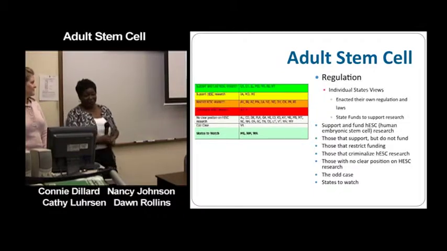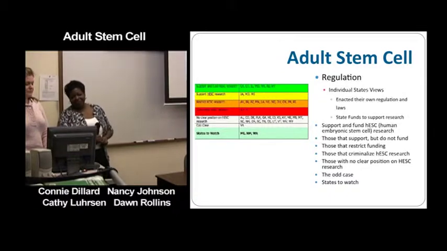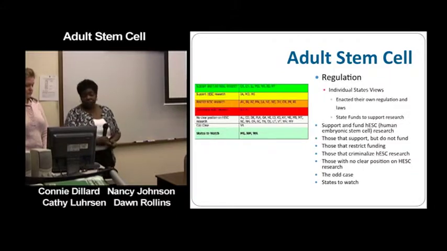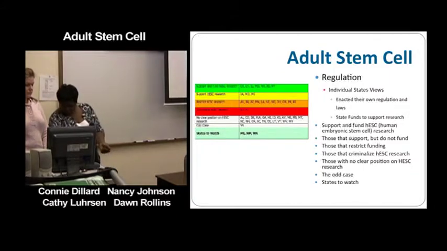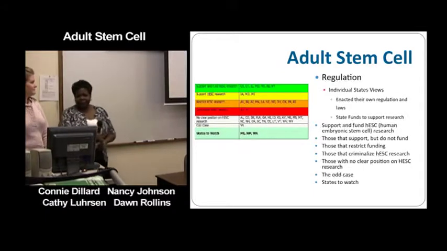Some states made it a criminal act. Others had no clear position, and there were a couple of odd cases, and then a couple of states to watch. The states to watch were Maine, New Mexico, and Washington. The odd case was Virginia. I think Illinois was one of the ones that supported it and funded it.